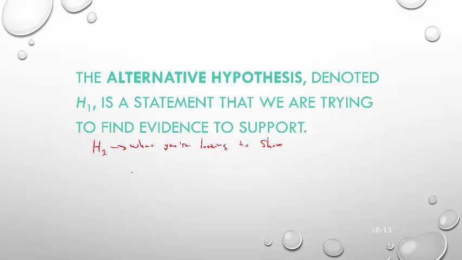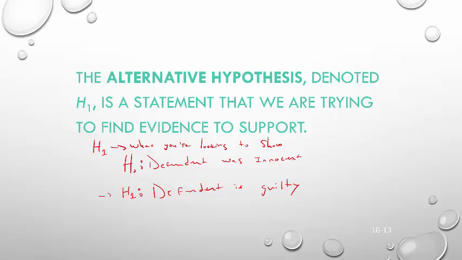So if you stick with that example I had, the null hypothesis was the defendant was innocent. What the district attorney or the prosecuting attorney is looking to show evidence of, the alternative, is that the defendant is guilty.